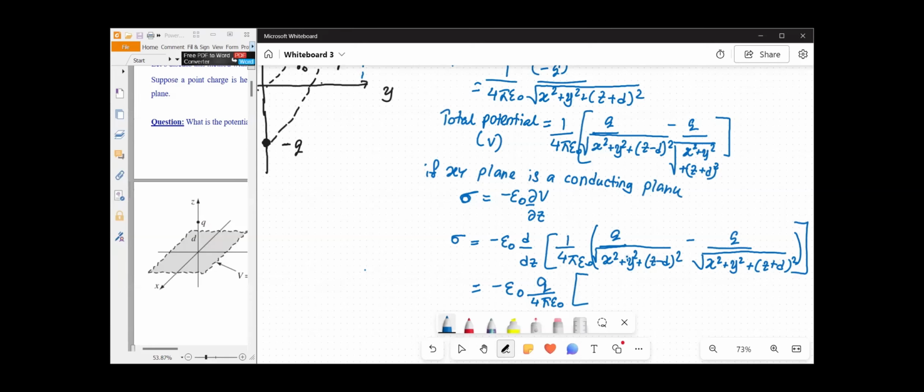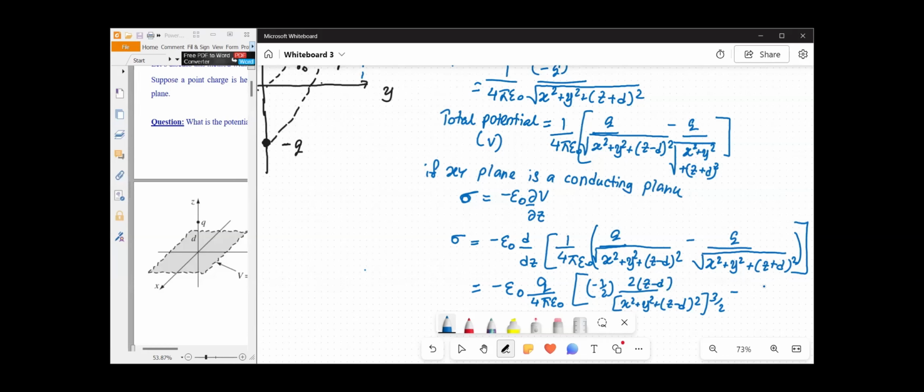Here we have 1 over square root of x squared plus y squared plus z minus d squared, so we get minus half times x squared plus y squared plus z minus d squared to the power 3 over 2, and when we differentiate z minus d squared, we get 2 times z minus d.